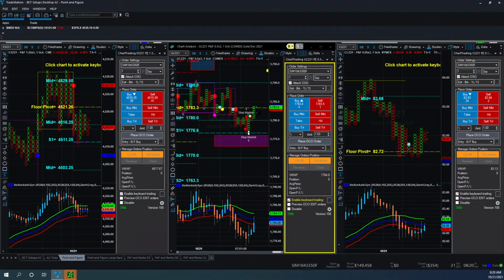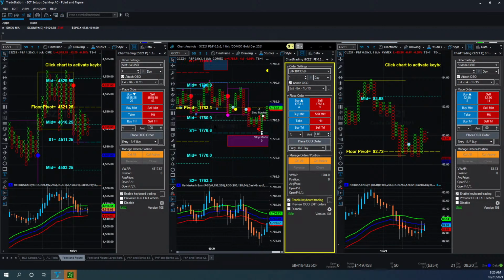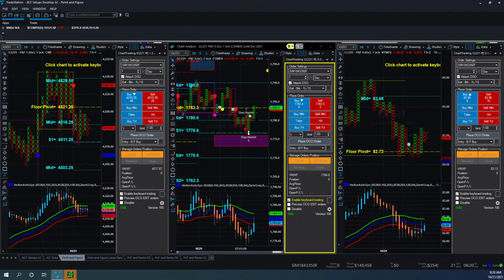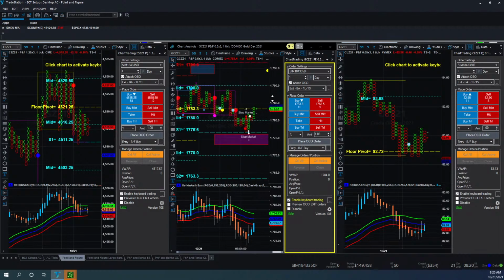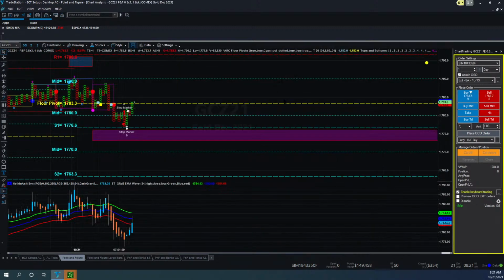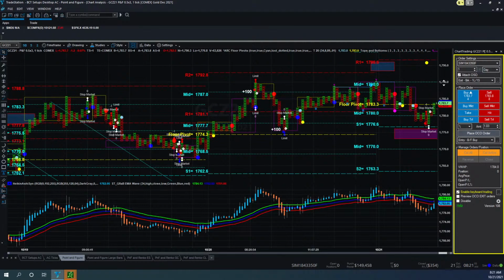Now it's moving up and reversing out of these lows. It failed on the support 1. Right on the 200.